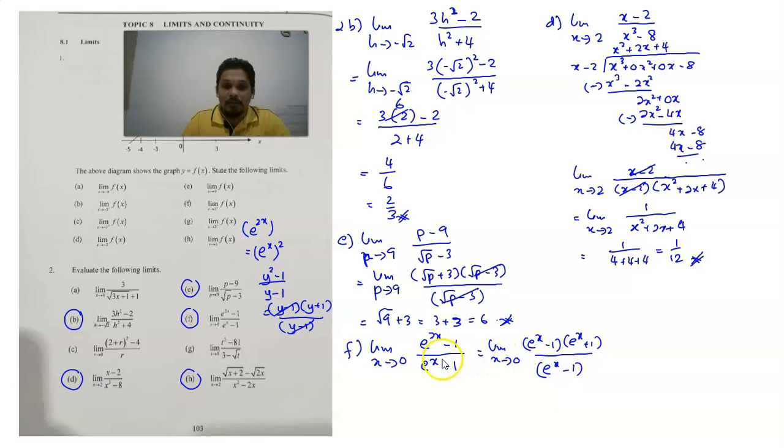Then, having factorized this and divided by itself, the limit as x approaches 0 of e to the power of x plus 1: substitute x equal to 0, so 1 plus 1 equals 2.